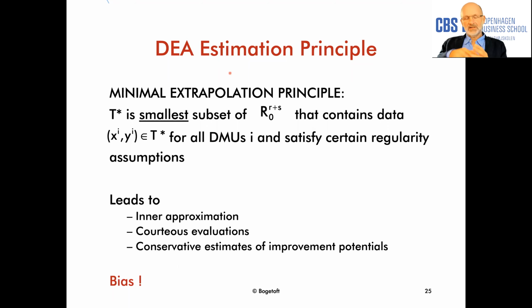In turn, this means that we are going to get upwards biased estimates of the input efficiencies. So basically, firms are going to look better against the DEA technology than they would have looked compared to the real technology. This is the bias problem, and what we're going to talk about is how to correct for that.